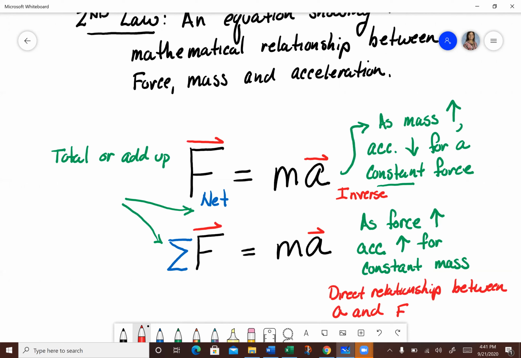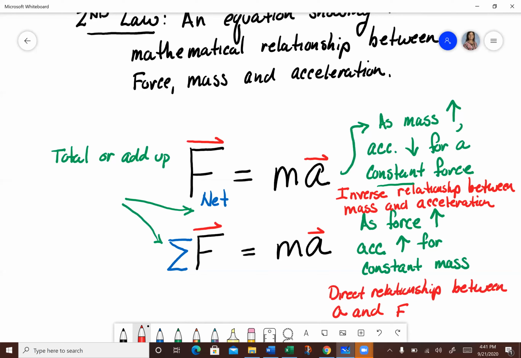Both equations are showing the same thing; I'm just writing them in different places. And that is Newton's second law.